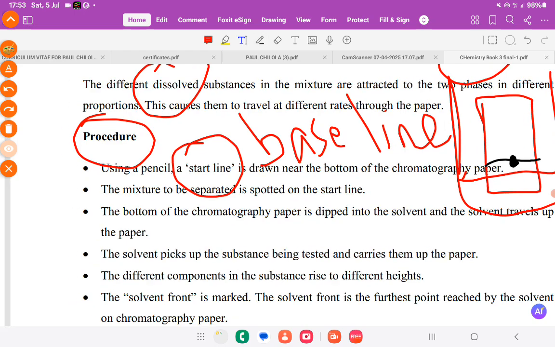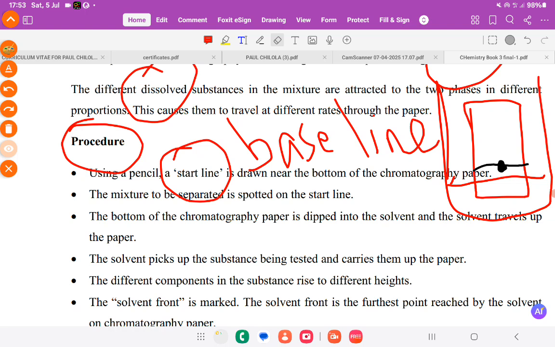Then the bottom of the chromatograph paper is dipped into the solvent, and the solvent travels up the paper. All right, so over here we have a solvent.